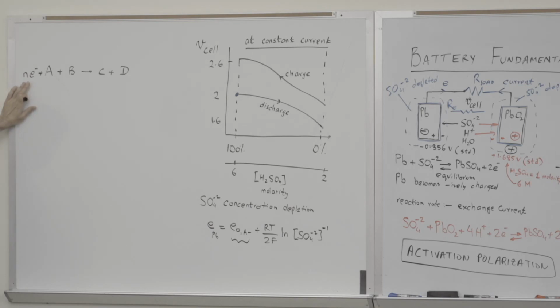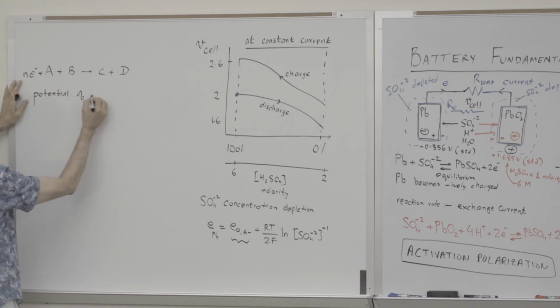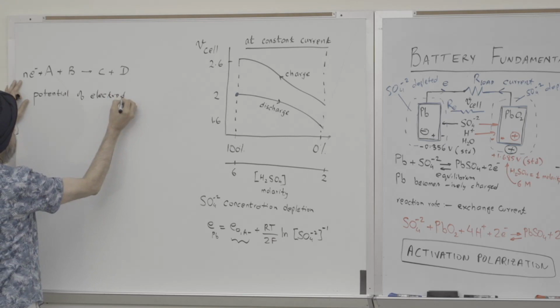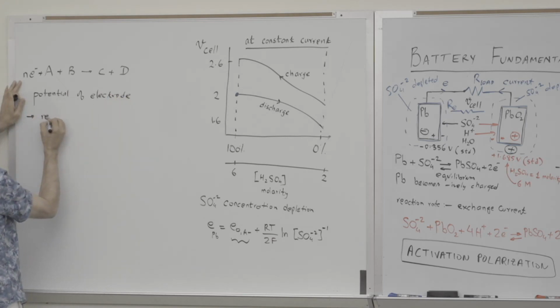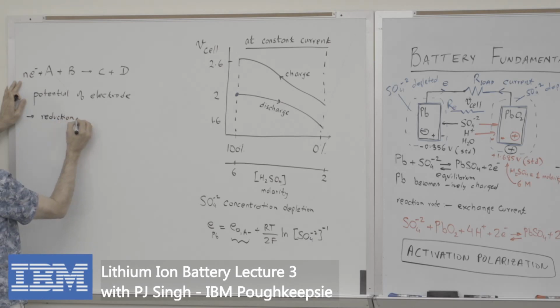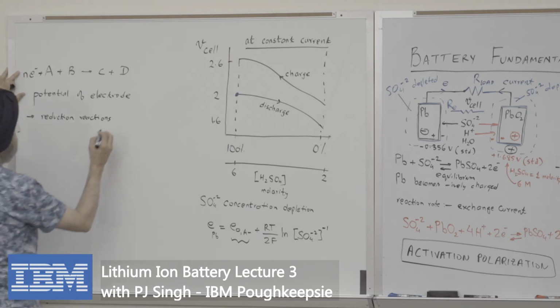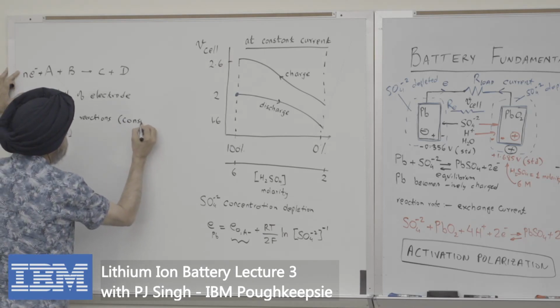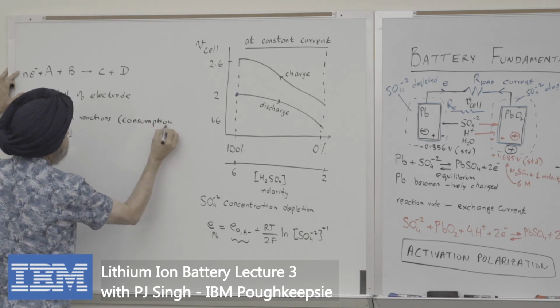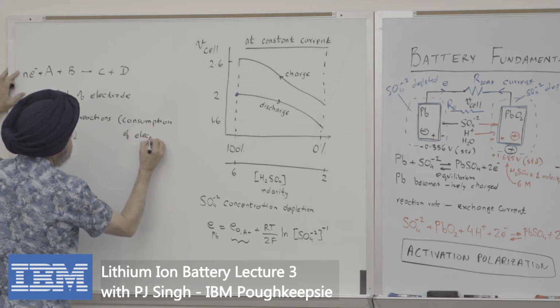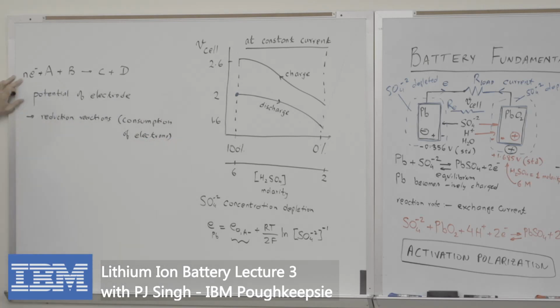Notice I put the electrons on the left side, because when it comes to measuring or dealing with the potential of electrodes, we deal with reduction reactions. This is a reduction reaction because it deals with consumption of electrons.